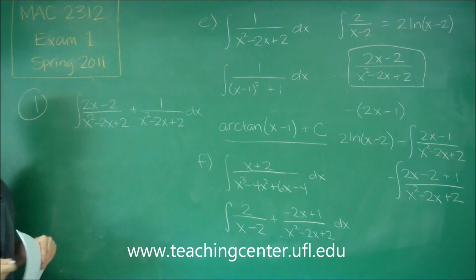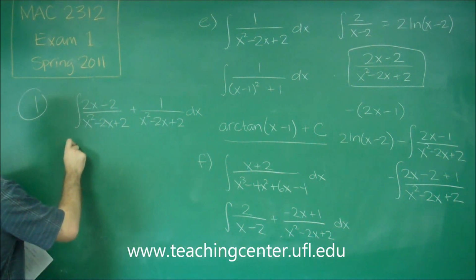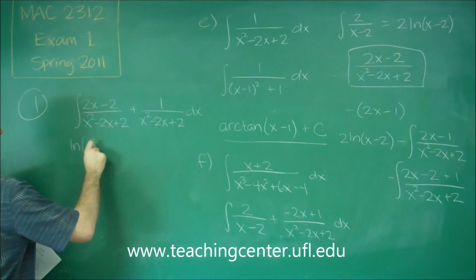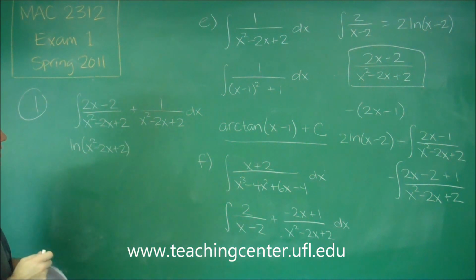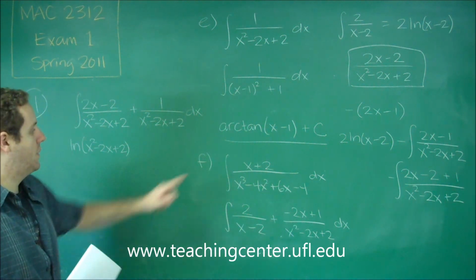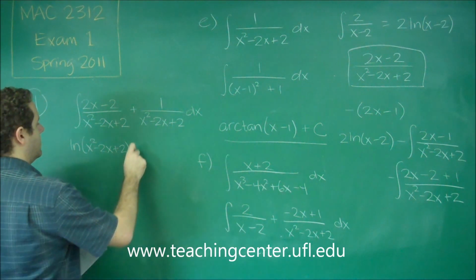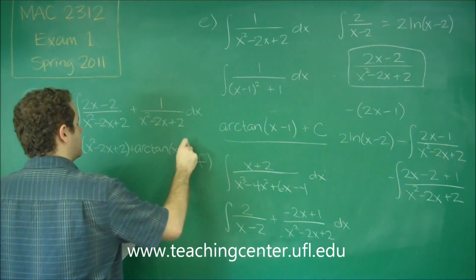You can see that, of course, by u substitution if you want to do that out. This part right here ends up being ln of x squared minus 2x plus 2. This integral we had just done from part E, and we got this. So we have plus arctan x minus 1.